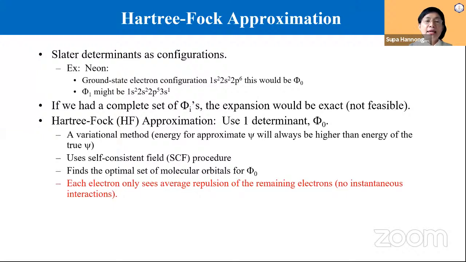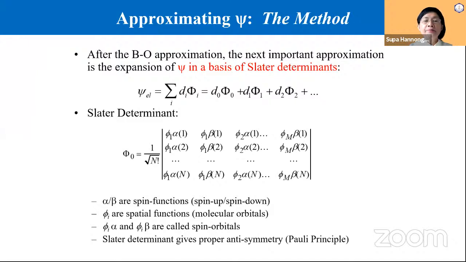I think we can look a little bit more at the Slater determinant term. When we propose the Slater determinant, you can see that the wave function of the ground state can be proposed, including the spin orbital, including the spatial molecular orbital, and including everything.